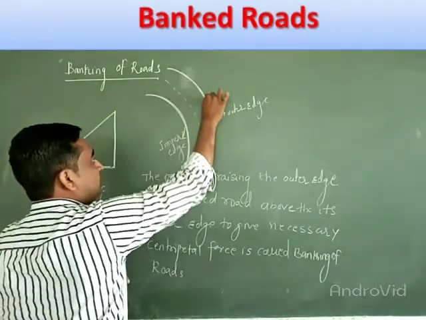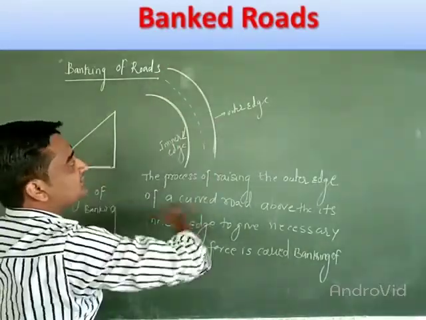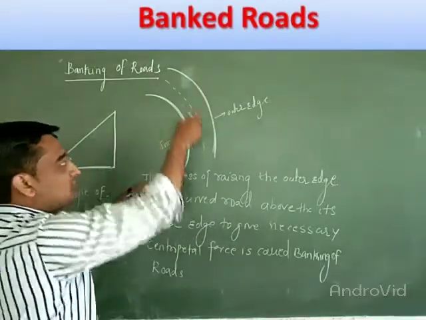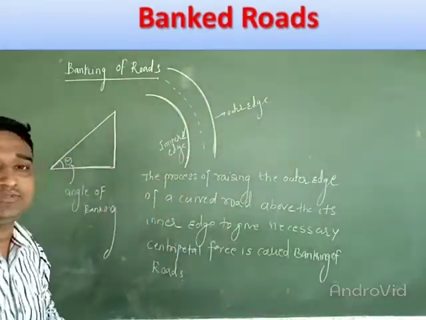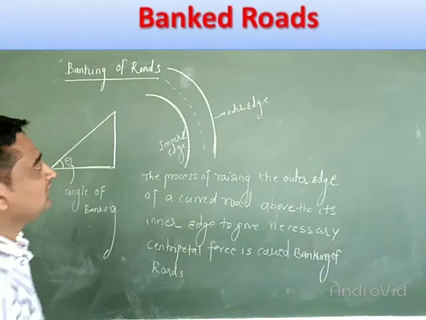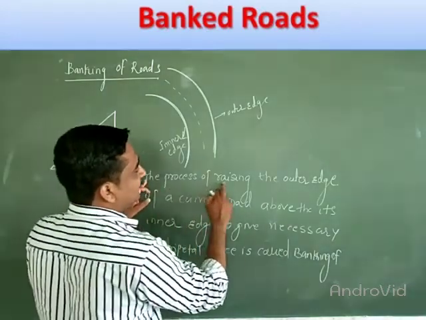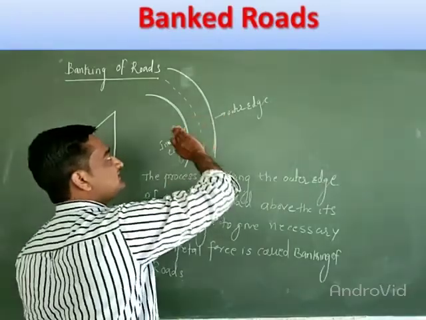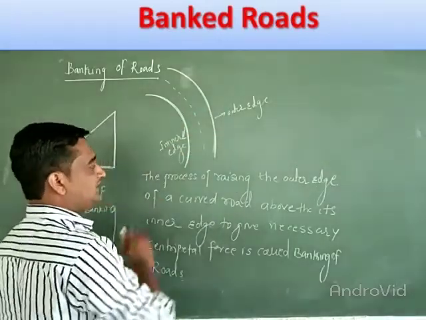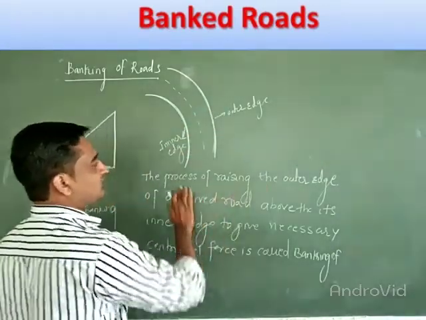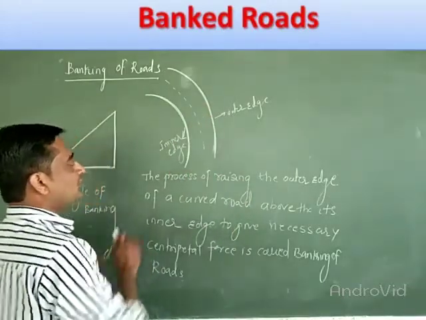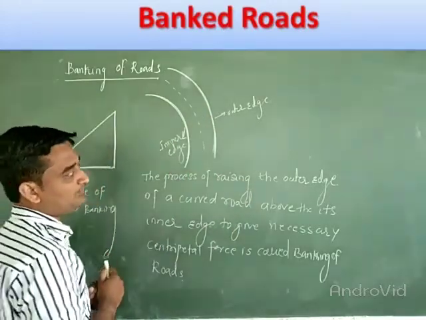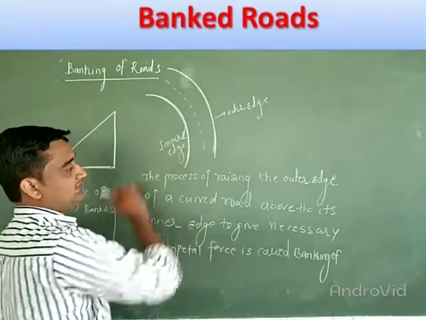This may form a circle here. That's why it is called a curved path. Curved path motion is also a circular motion, right? The process of raising the outer edge, this outer edge is raised a little bit, right? The process of raising the outer edge of a curved road above its inner edge.